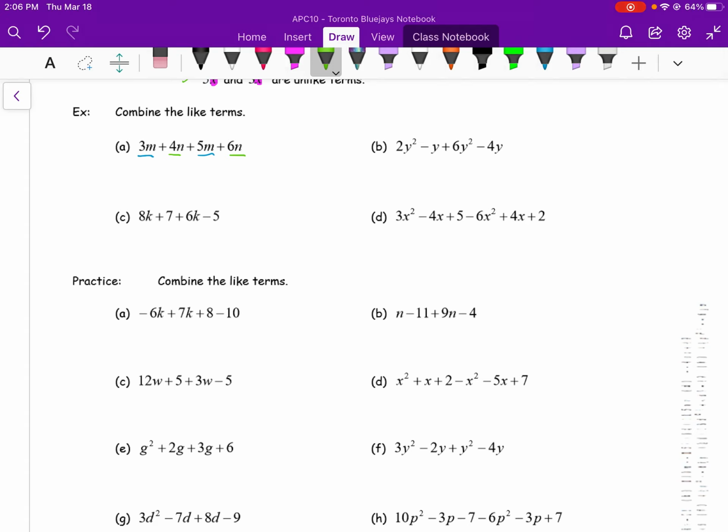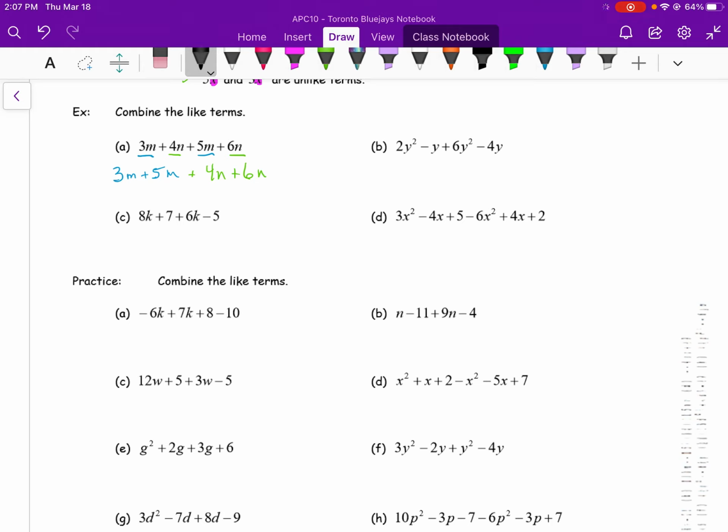But the m's are like m's, the n's are like n's. So I'm just going to reorganize my thoughts, and I'm going to say 3m plus 5m, and I'm going to switch colors, plus 4n plus 6n, and now I'm able to do the math.